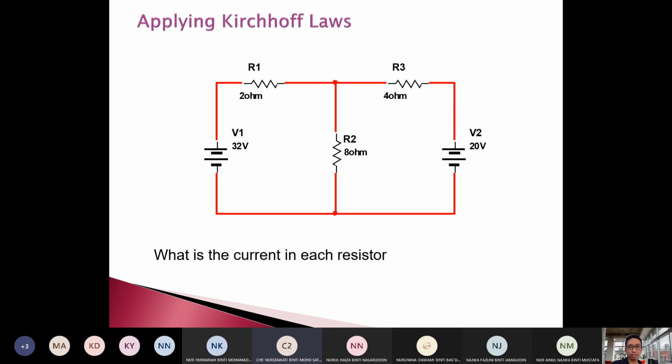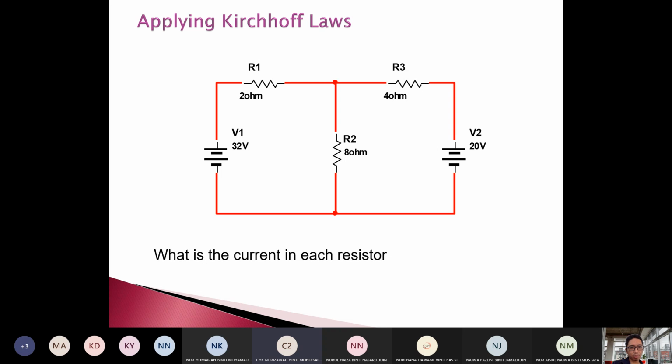Nobody knows how to solve it? No, yeah, doctor. I'm stuck. Okay, let me look again at this example.